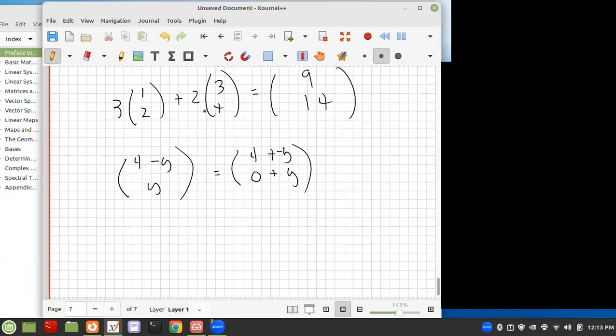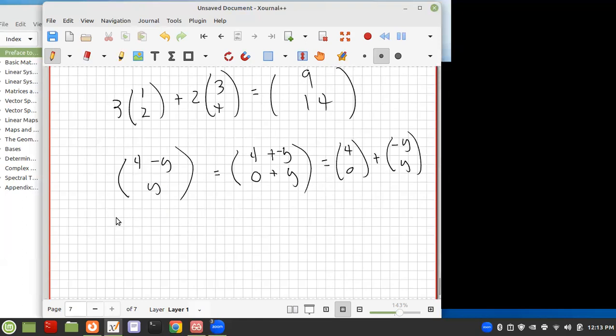So I can undo the addition here as 4, 0 plus minus y. Okay, so if I look at this backwards, I have 4 minus y and 0 plus y. So I'm just running those operations backwards, sort of undoing the addition. Is that okay with you guys?